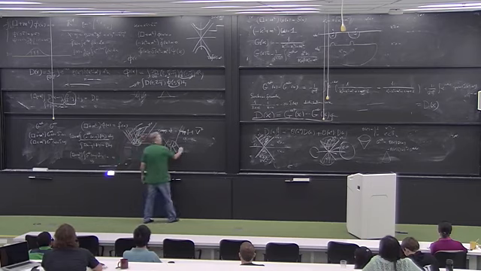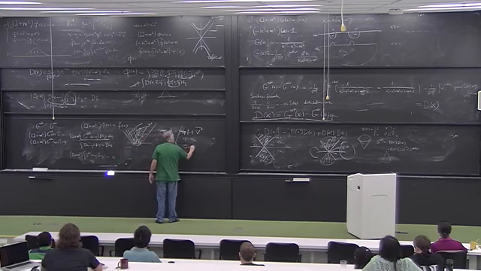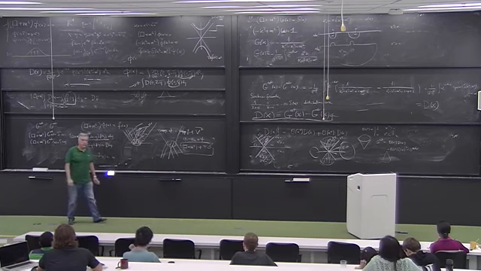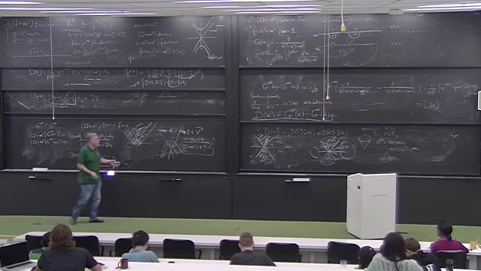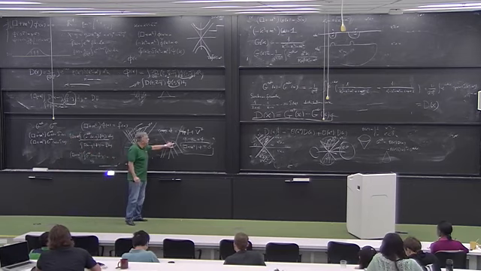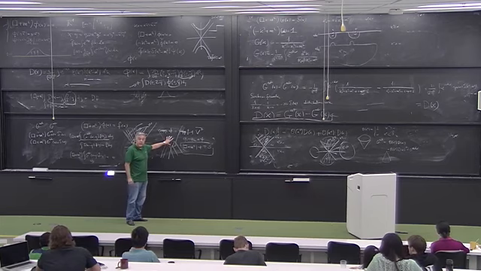solves the Klein-Gordon equation, the homogeneous one. And the theorem I want to prove next week, which is founding the Klein-Gordon symplectic form, is that any solution having compact initial data can be written like this.